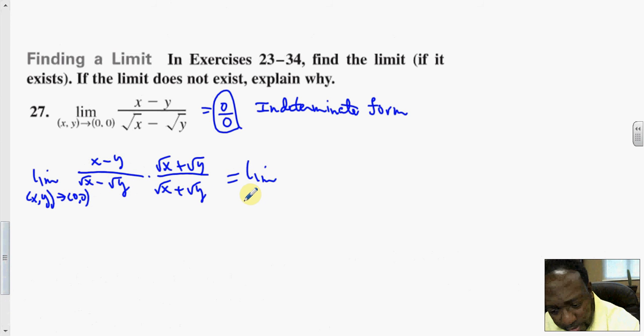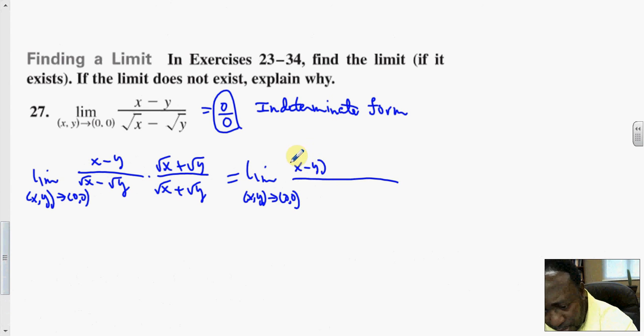We simplify this. For our numerator, we're just going to leave it the way it is and simplify the denominator. So downstairs we have the first term squared, which is x, minus the last term squared, which is y.